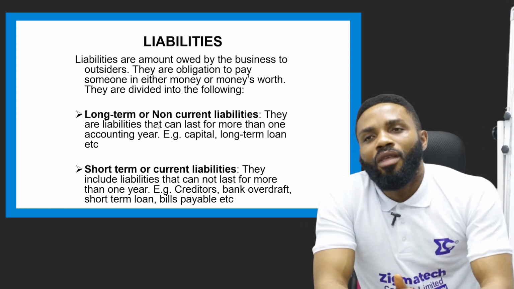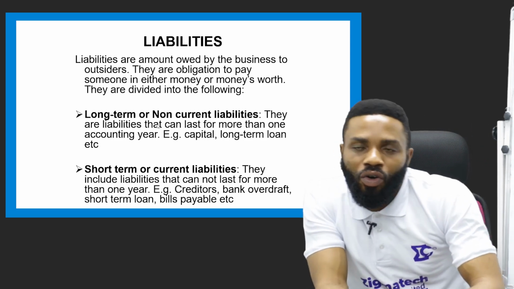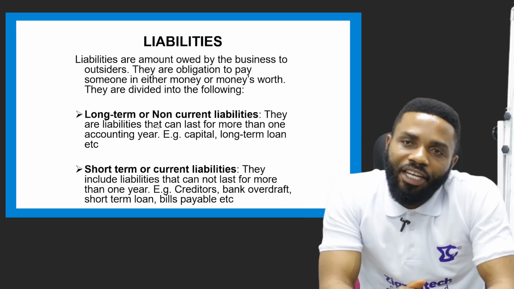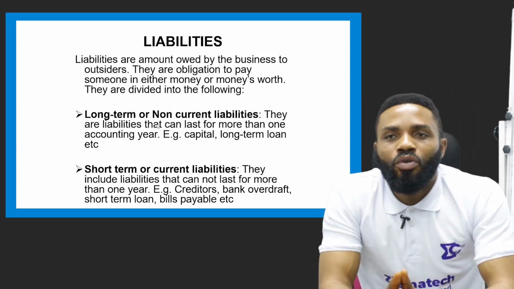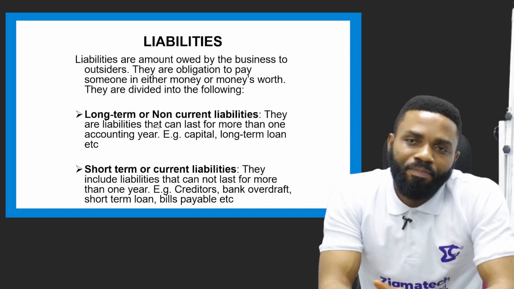Now, liabilities, I said earlier that they are claims of outsiders over the business. They are obligations you are expected to pay someone, in either money or money's worth, that is outside the company. And then they are divided into two: long-term or short-term, or we call them current or non-current.